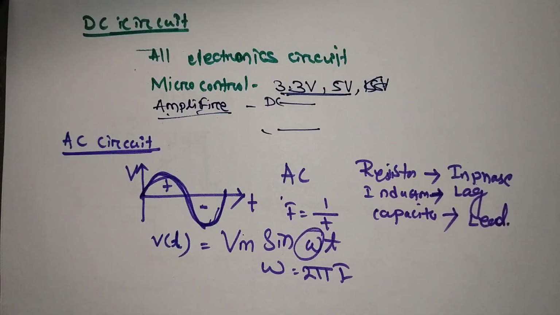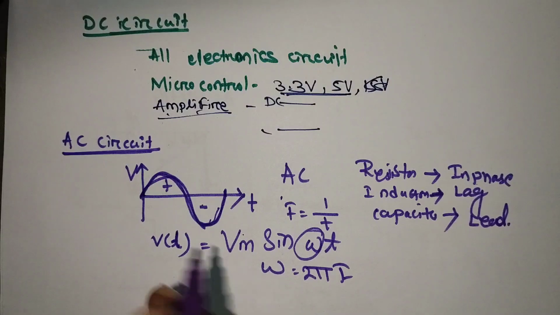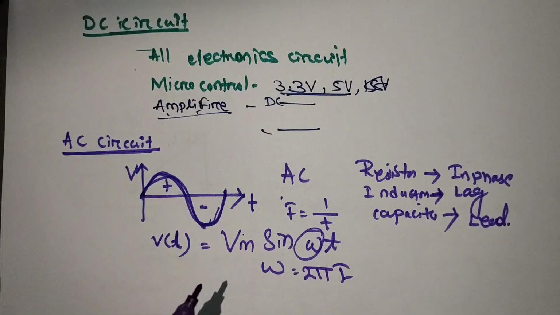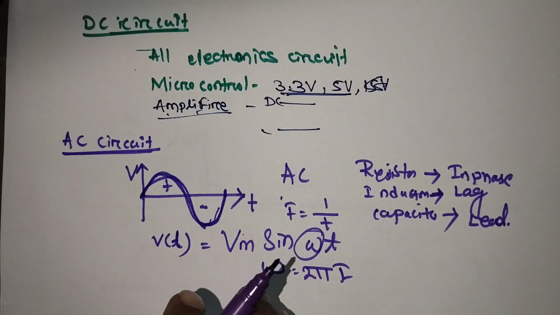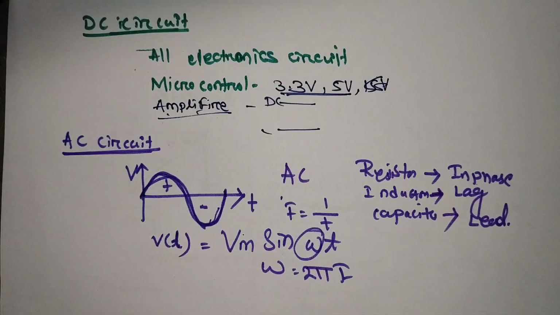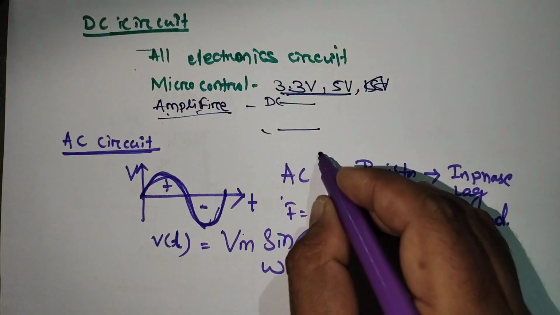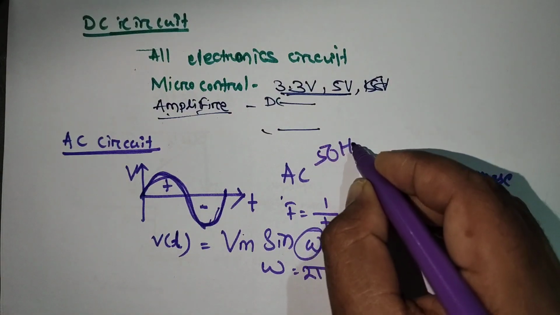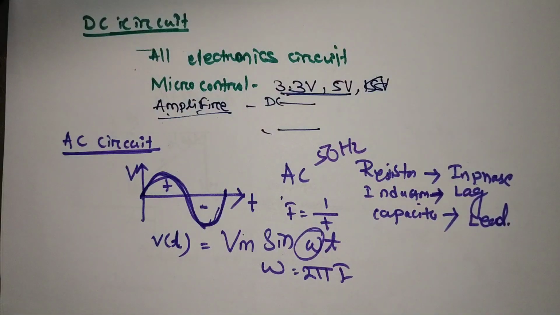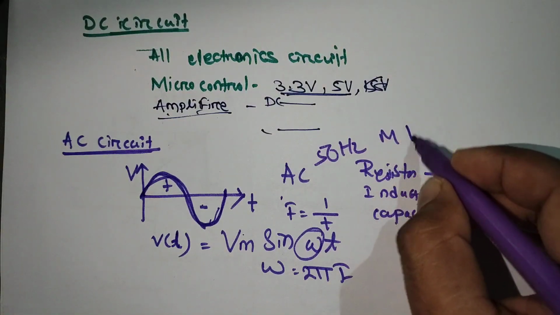You can ask where we can use this AC in our circuits. For communication, having some frequency, that is also AC, where the frequency comes, that is called alternating in nature. In the communication system and also in the power section, we are using AC. Our domestic power supply is also AC with 50 Hz, but for higher communication frequency, radio frequency, it is some megahertz.